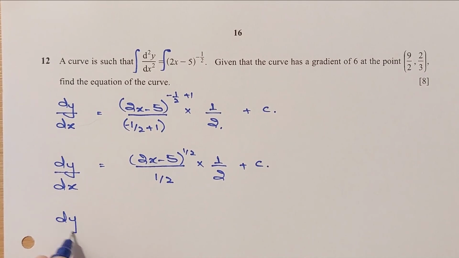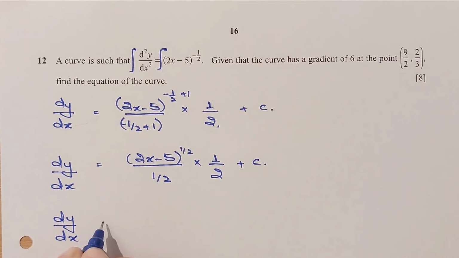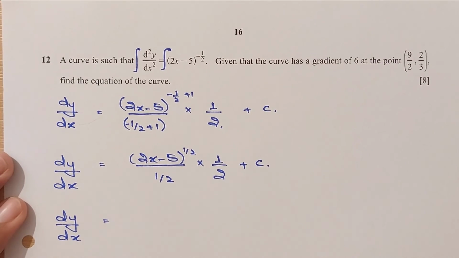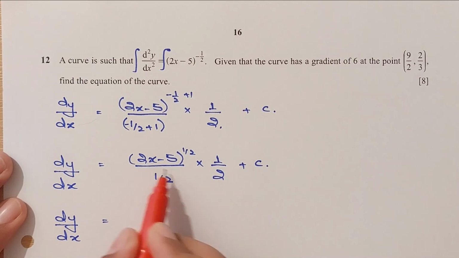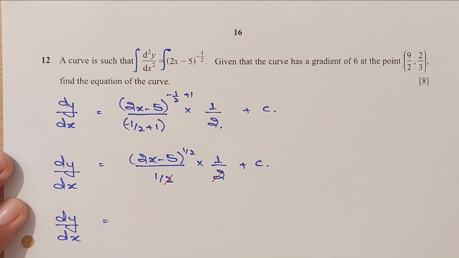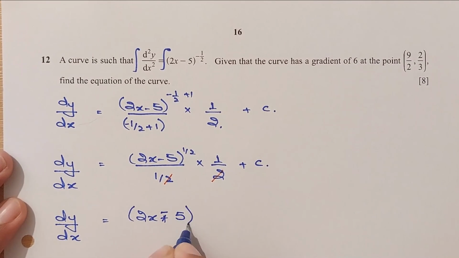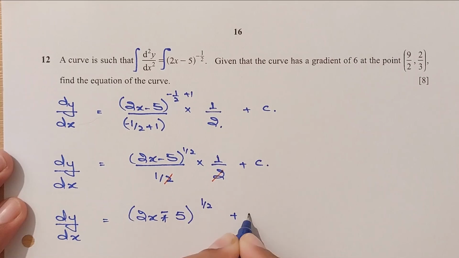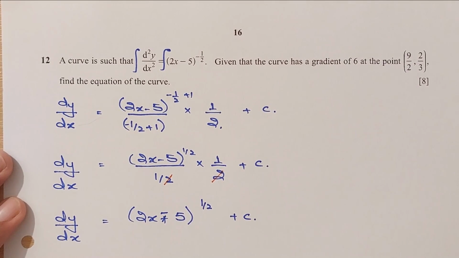Let me simplify one more step and then I will put the condition. Okay, so we can cancel this. The reciprocal of 1/2 is 2/1, and then this 2 and this 2 cancel out, right? And we are just left with (2x minus 5) to the exponent 1/2 plus some constant. Now let me substitute the condition.